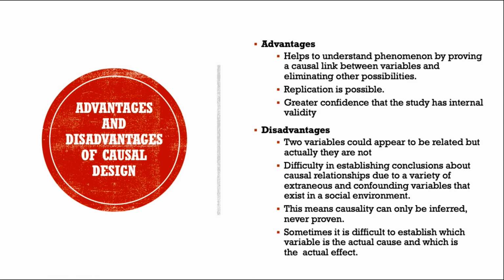This means causality can only be inferred, never proven. So we can say that there is a significant relationship or impact or effect between A and B, but we cannot prove it actually. Sometimes it is difficult also to establish which variable is the cause and which one actually is the effect.